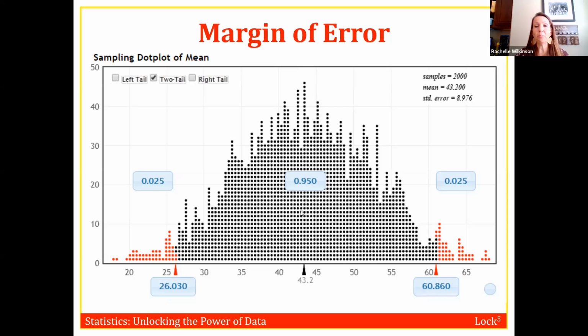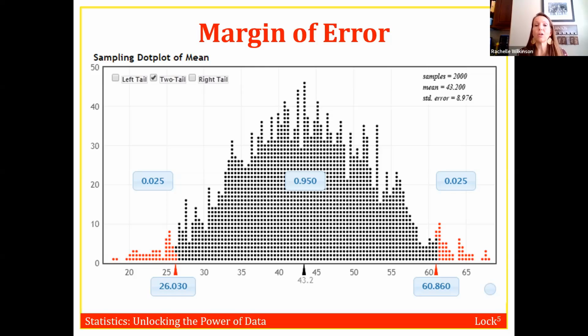So in this case, the mean of our sampling distribution is the parameter value, and the standard deviation of our sampling distribution is the standard error. So we're basically saying, in this case, that 95% of sample means, because that's what these little dots are, will be within 2 standard errors of the population value.